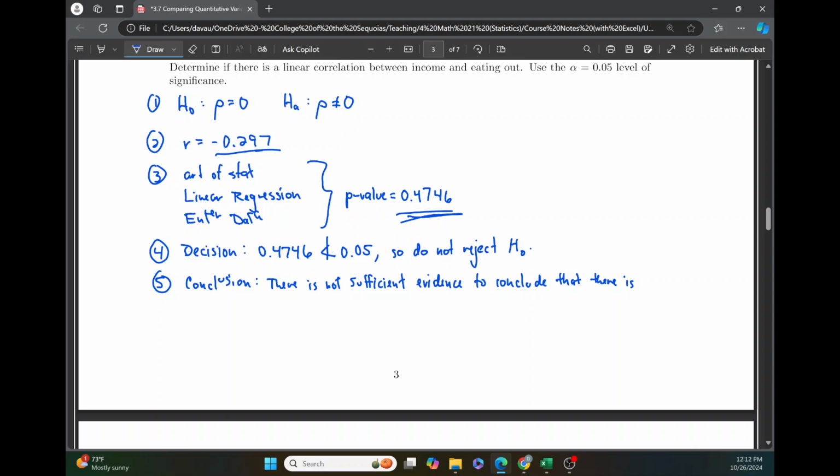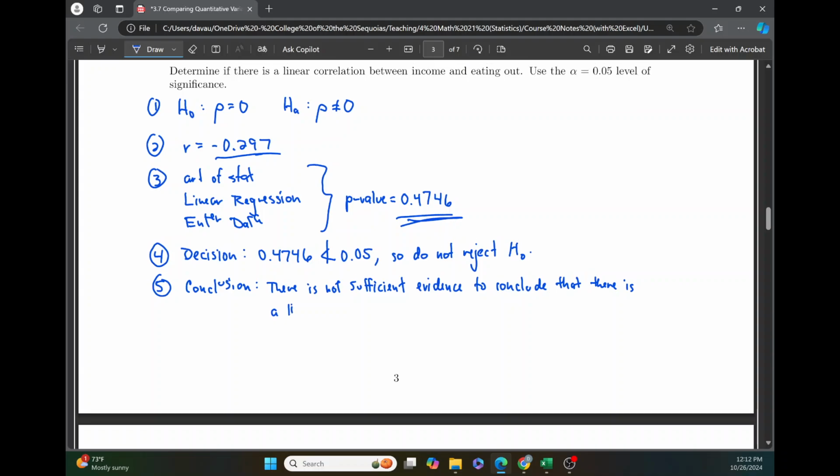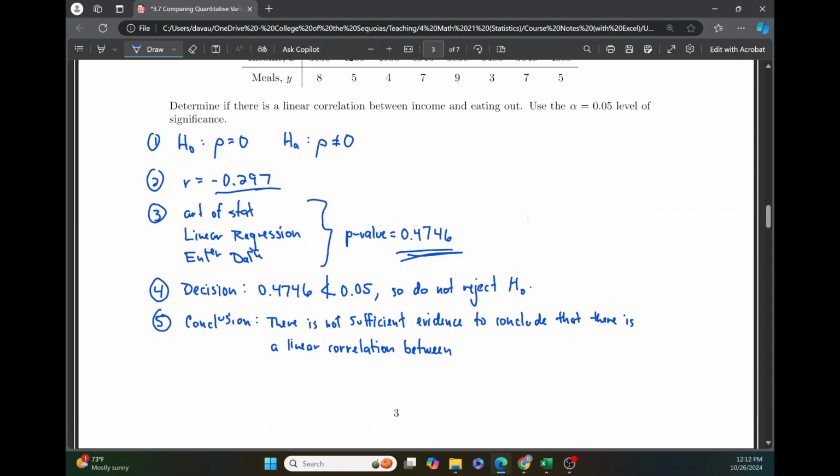There is not sufficient evidence to conclude that there is a linear correlation between, what example was this?